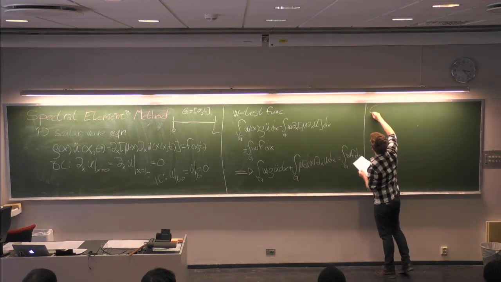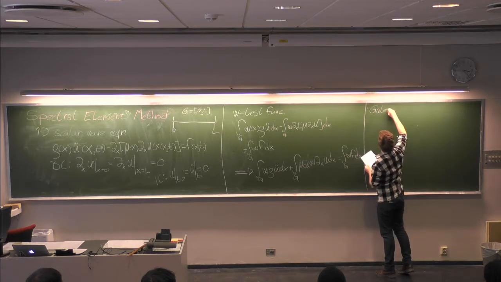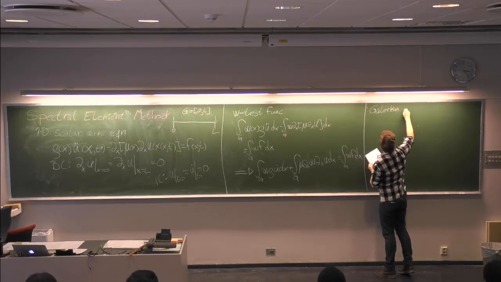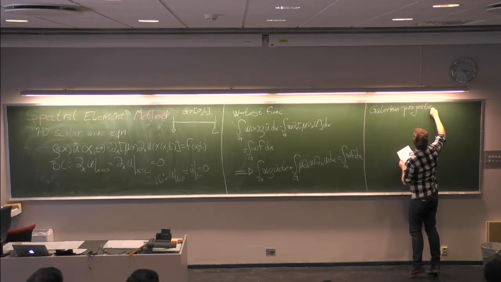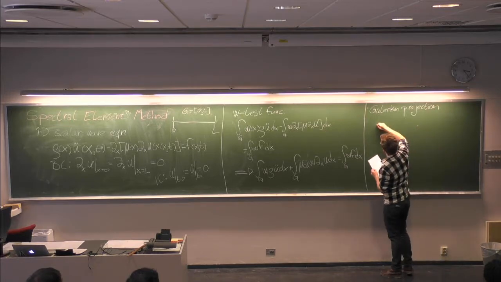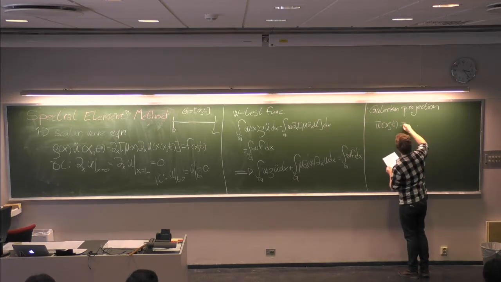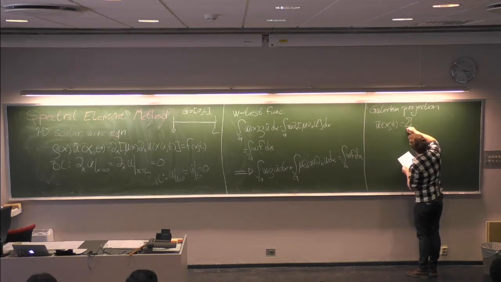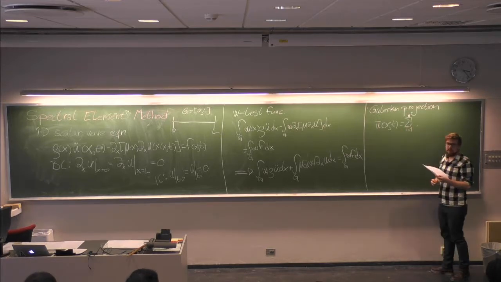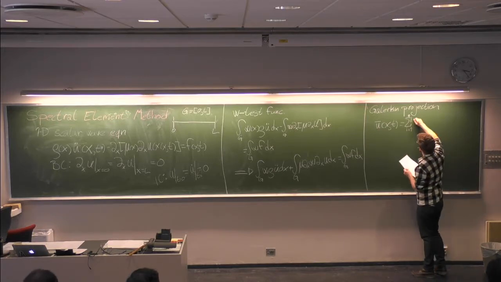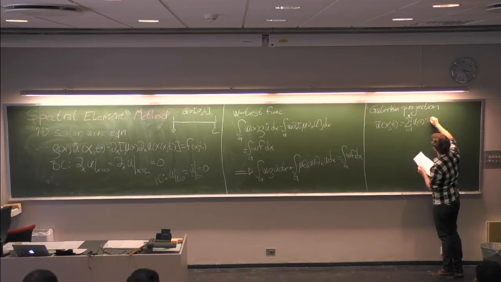The projection u of x and t is then the sum over i equals 1 to n, so this depends on how many basis functions we have, where we have coefficients which are dependent on time, and basis functions which are dependent on space.